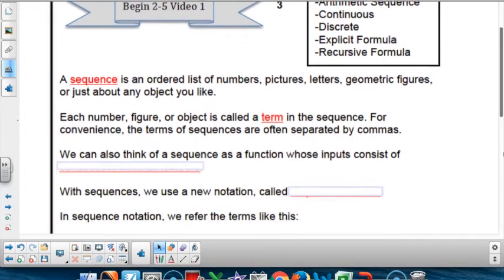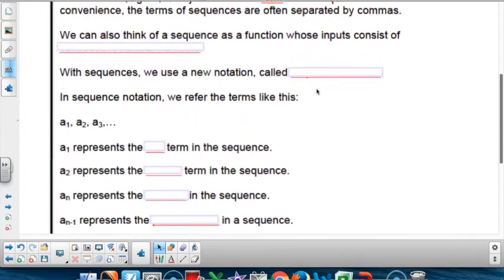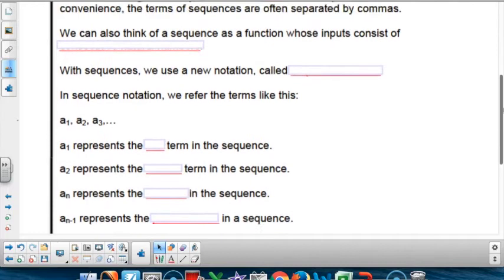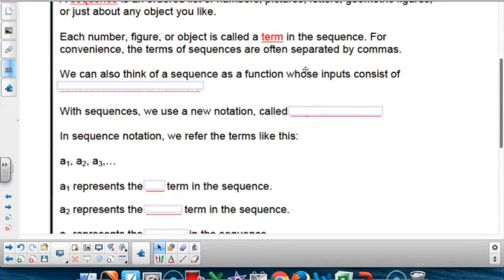This is a slightly different meaning, but basically it's just the numbers in the sequence or in the pattern. We usually separate them with commas because, you know, that's what we do with lists in the English language. We can also think of a sequence as a function whose input consists of the consecutive natural numbers. Remember, consecutive means one right after the other. Natural numbers, like I said before, those are just your counting numbers.